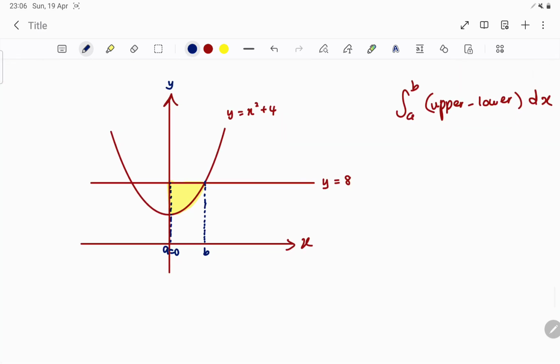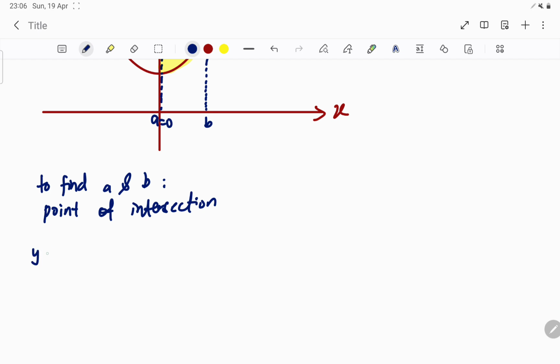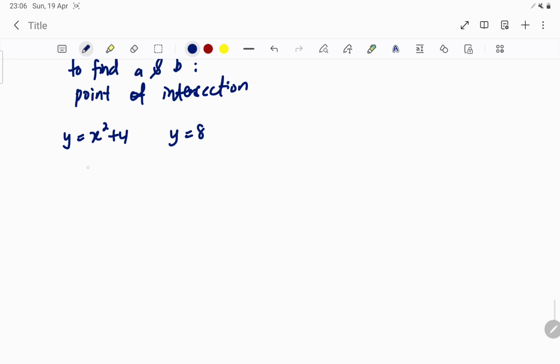To find a and b, we use the point of intersection, using both equations: x squared plus 4, and y equals 8. Both are y, so you can make them equal to each other: x squared plus 4 equals 8.